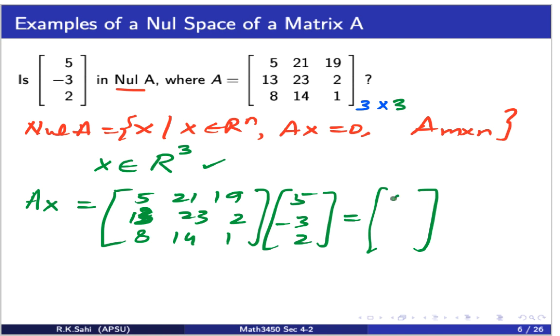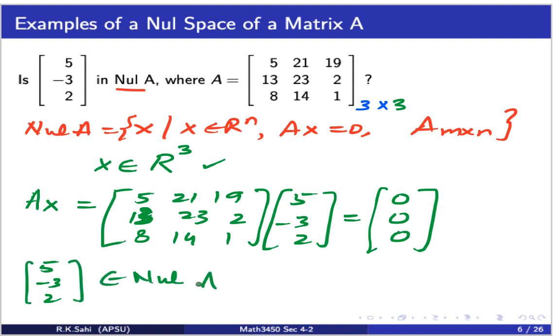I will just simply write down the answer. It is 0, 0, 0. So clearly, when A is multiplied with this vector, the property is proved. And hence, we say that the vector 5 minus 3 and 2 belongs to the null space of A. So this is right. Okay, let's look at another example.